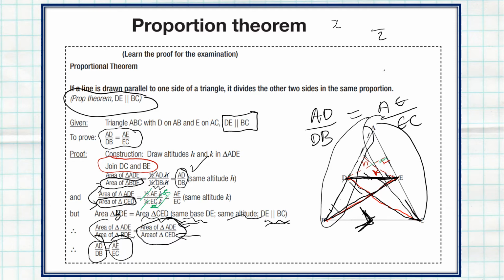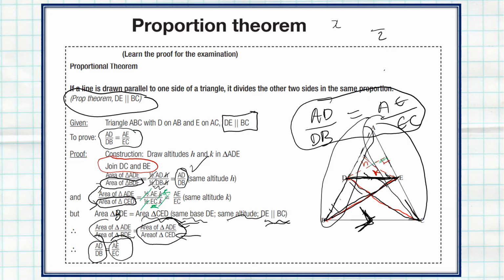Don't forget, this proof is very, very important and you need to learn it for your examination, because they can just give you a triangle and they say prove these things. In other words, they are saying prove that the sides are in the same proportion, right? So you need to know how to prove this, and it's very simple.